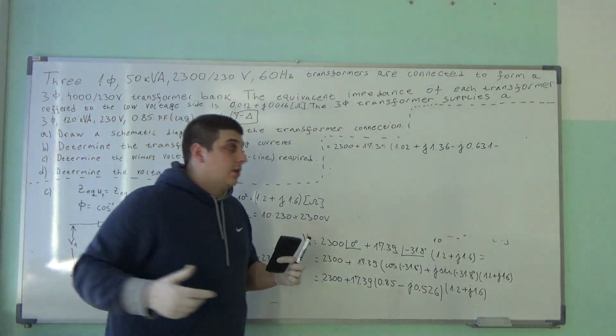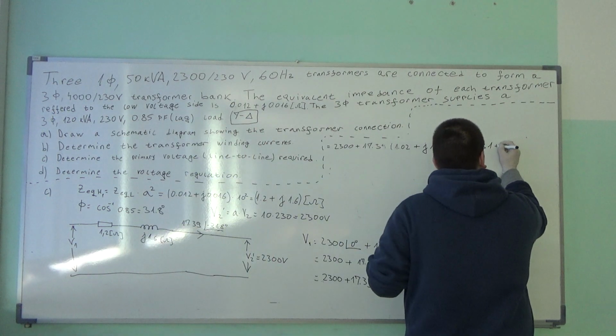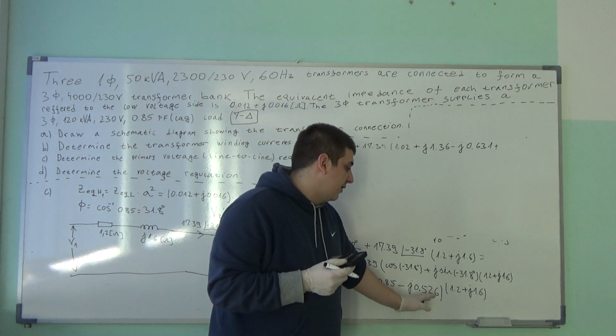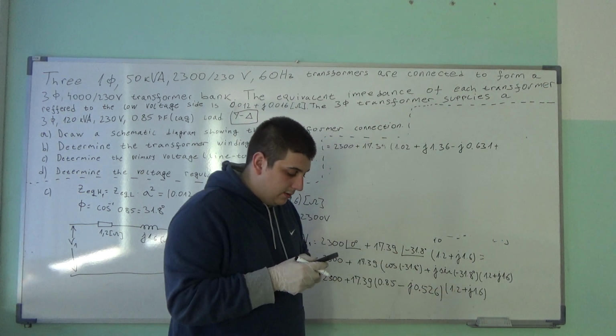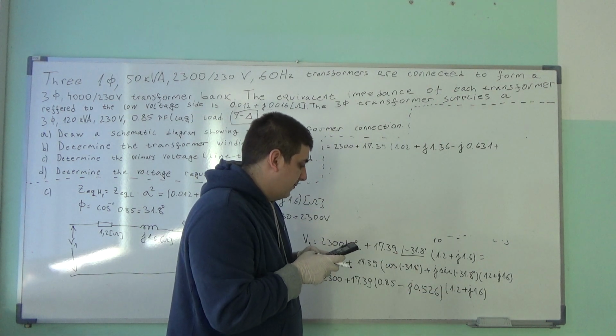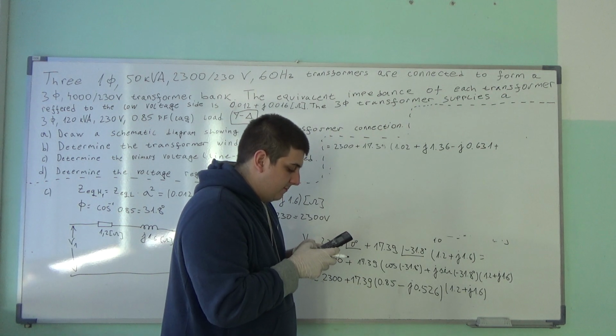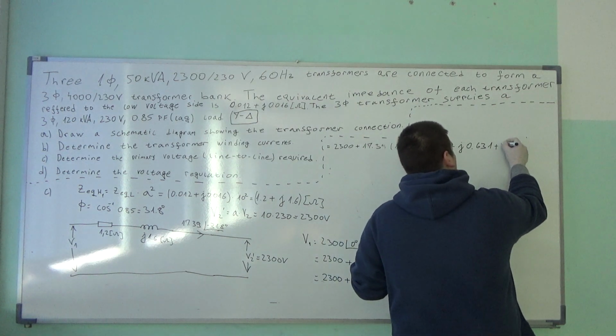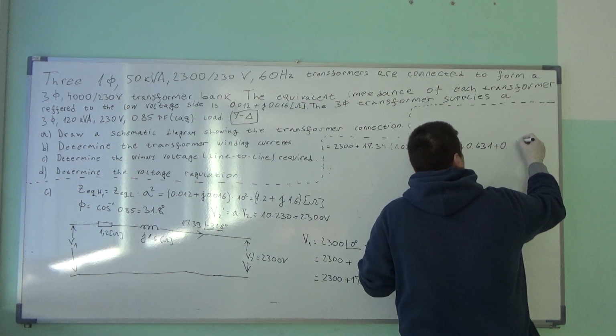It won't be an imaginary. So I have to just calculate 0.526 times 1.6, and that is equal to 0.841.